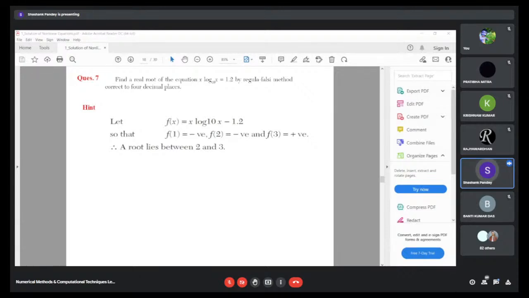So simply you have to use the equation of a straight line and give the answer.